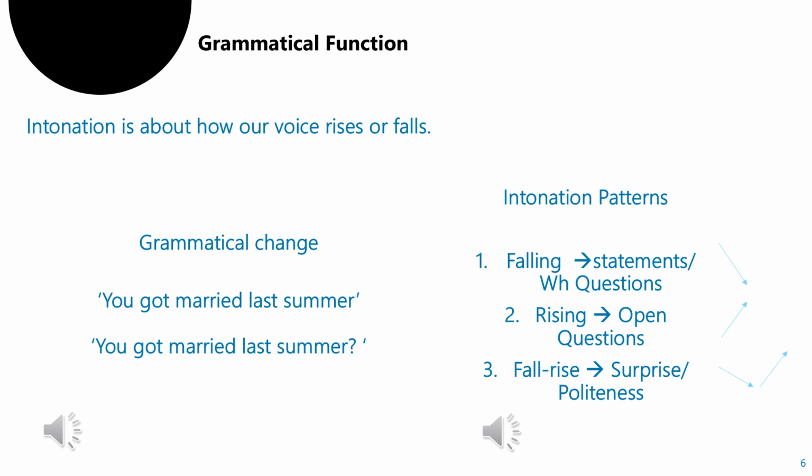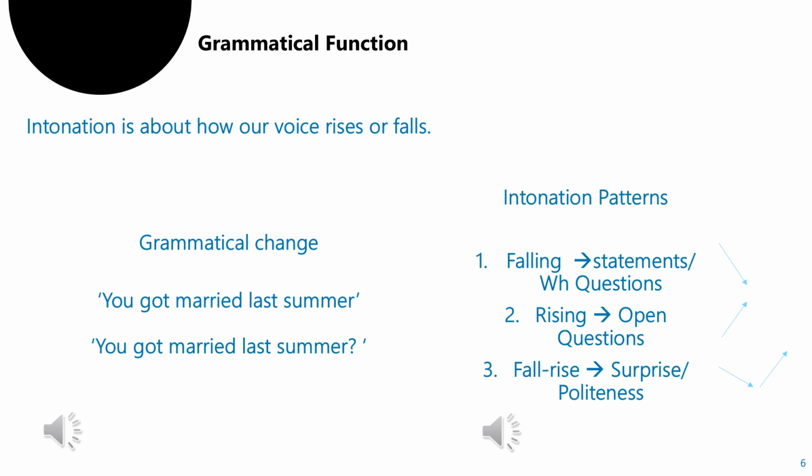I am actually using a fall-rise pitch, which is known as a fall-rise intonation pattern. So an intonation pattern is how we use our pitch to express something different. So we have the following intonation patterns.